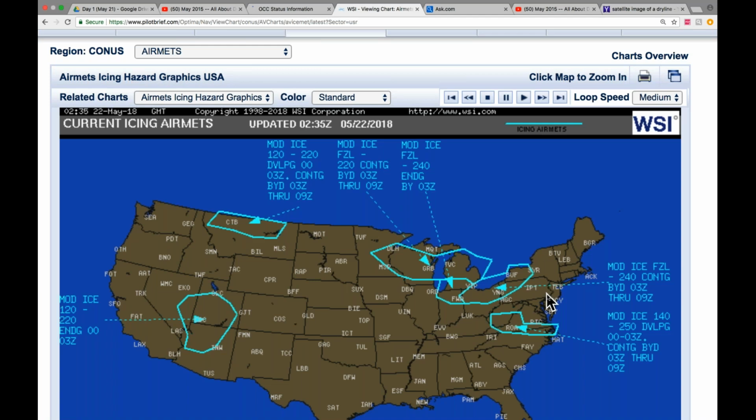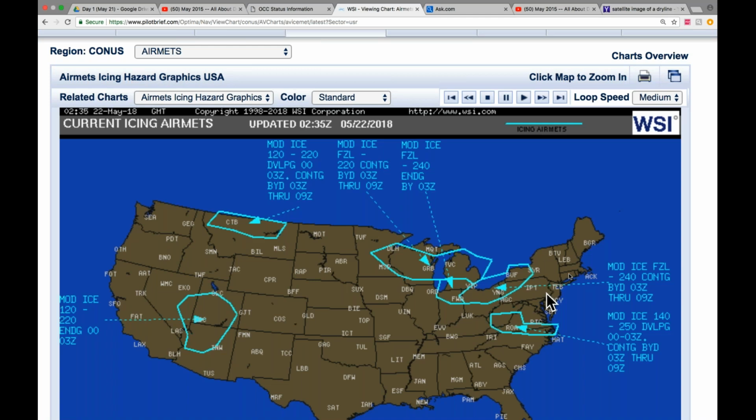If a PIREP has been reported in the last 30 minutes, then it's a no-go. If it's been reported 30 minutes ago, or let's say 45 minutes ago, and they haven't had another aircraft flight in that area, I might hold off for a little bit.